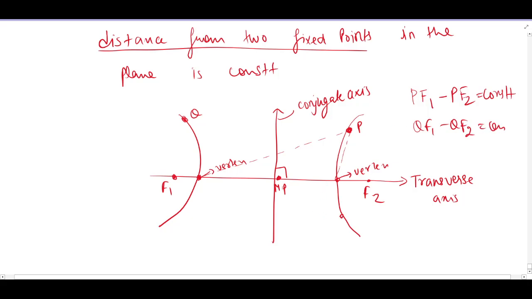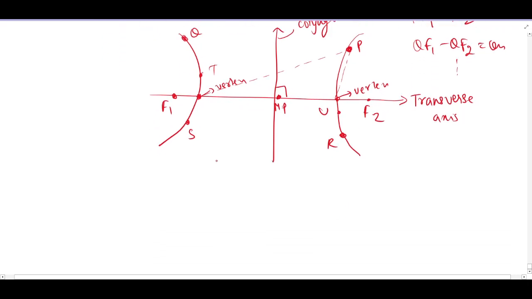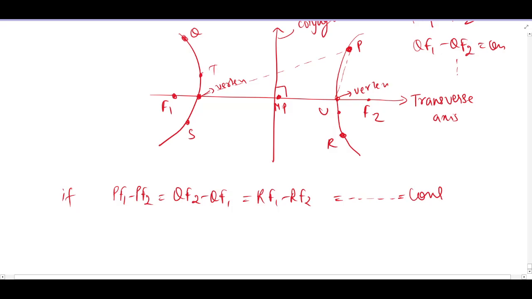Or any point R on the curve here, or S, T, U, V, likewise all the differences will be constant. So therefore we can write Pf1 minus Pf2 equal to Qf2 minus Qf1 equal to Rf1 minus Rf2 equal to and so on, equal to constant, where this term is always greater than 0.